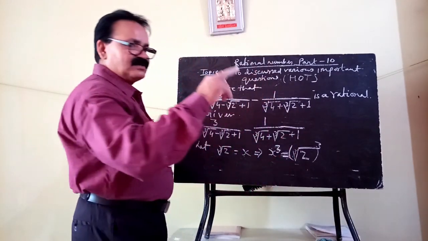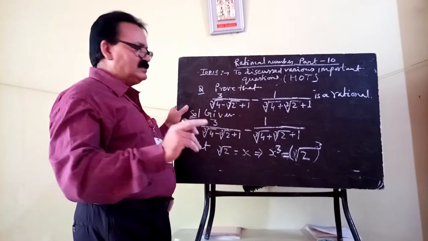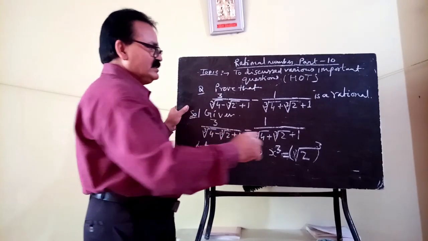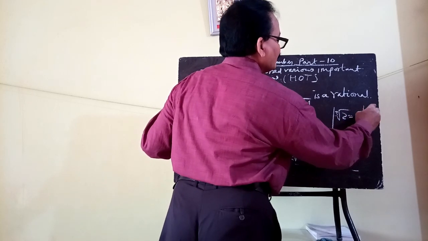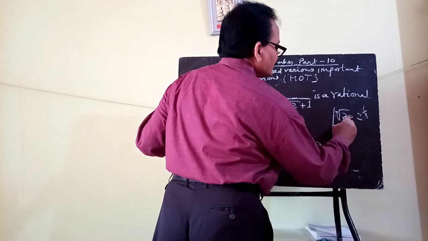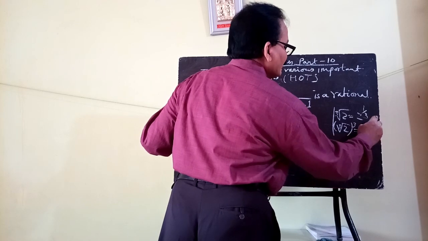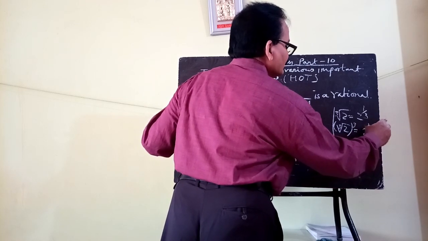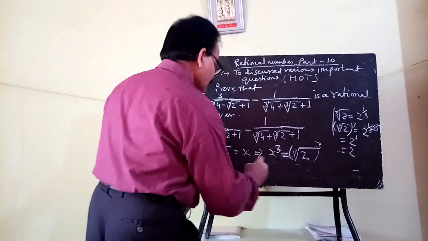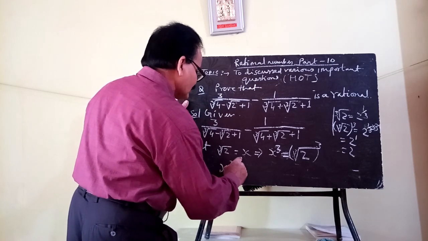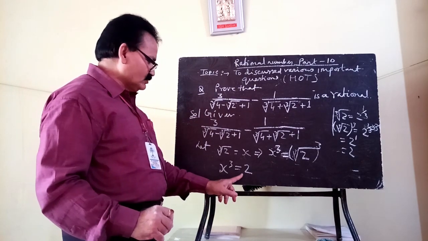Cube root of 2 means 2 to the power 1 by 3, and then whole to the power 3 means 2 to the power 1 by 3 into 3. So the 3 cancels, and this will be 2 to the power 1, that means 2. So now you can write x cube equals 2.